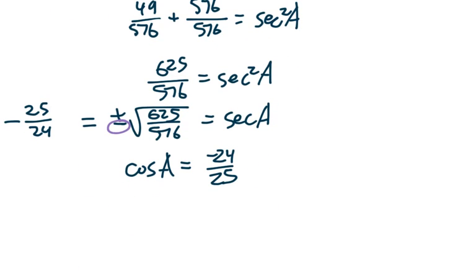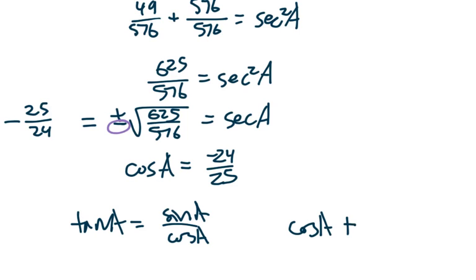That's 3 ways. I'm going to do the second one. So let's say that again. Tangent of A equals sine over cosine. So if you want to get sine by itself, you can multiply both sides by cosine A. That becomes cosine times tangent equals sine.